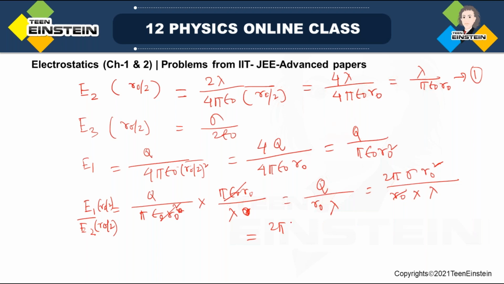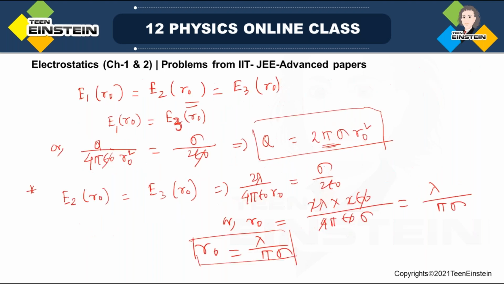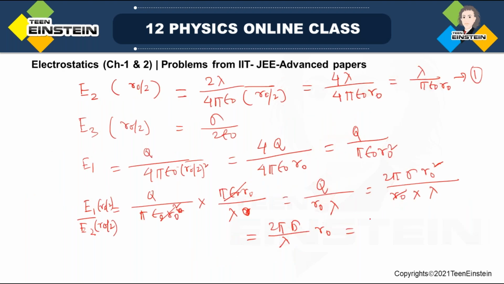So we have 2 pi sigma by lambda into r naught. If we write the value of r naught as lambda by pi sigma, let us see what we have got.